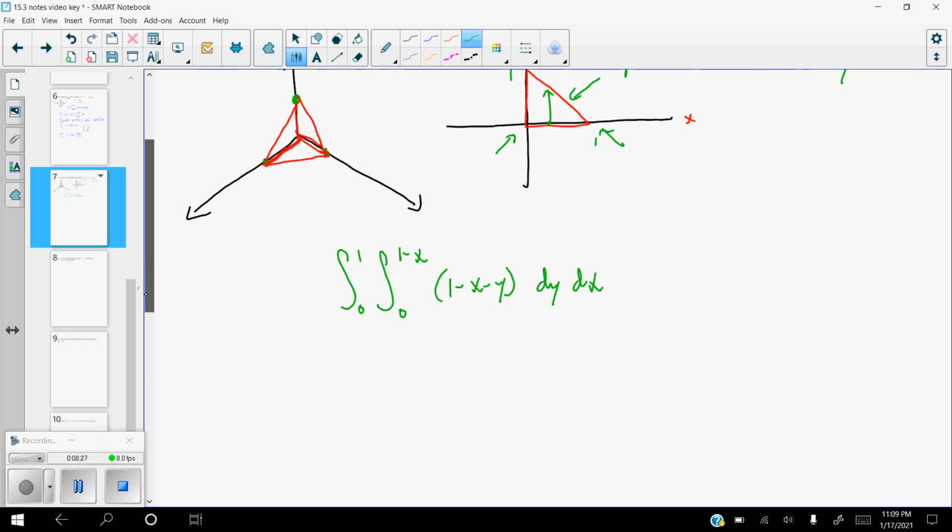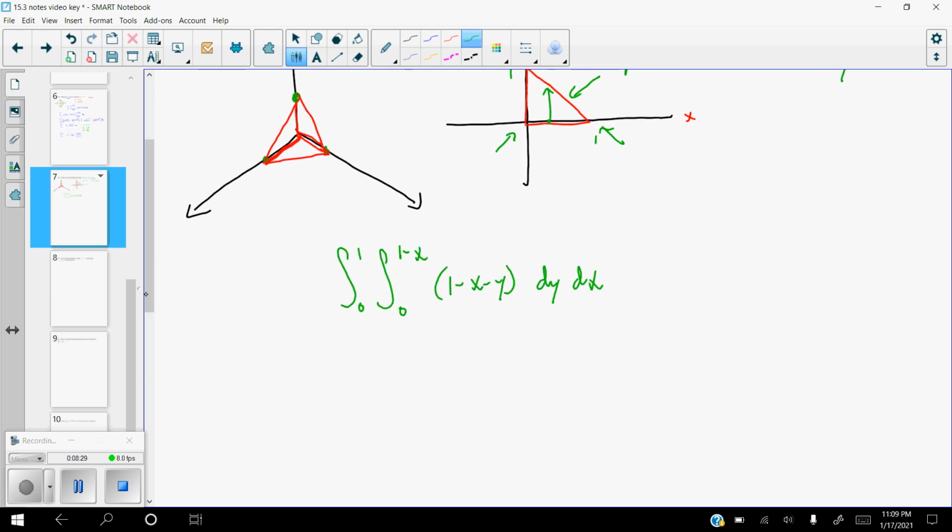All right. So let's go ahead and take the antiderivative with respect to y first. So we get y minus xy minus 1/2 y squared, evaluated from 0 to 1 minus x dx. Don't forget the integral 0 to 1.